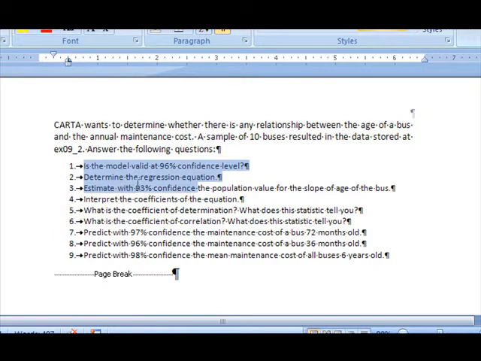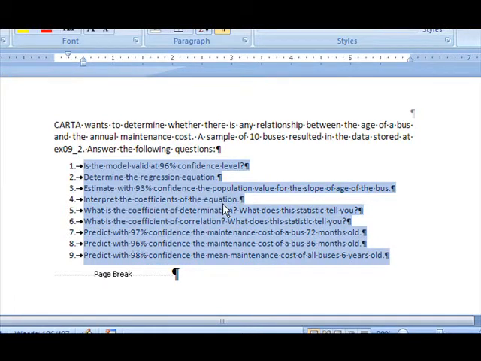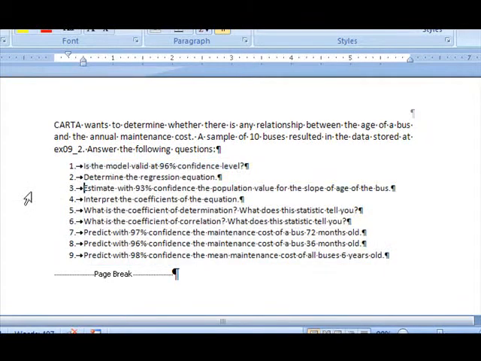So we're going to go through all the questions and look for the one that's referring to the population slope. So notice that here we have to estimate with 93% confidence the population value for the slope of age. That is the question that's asking for your confidence level. It's a confidence interval. So the value that I'm going to enter there is 93%.